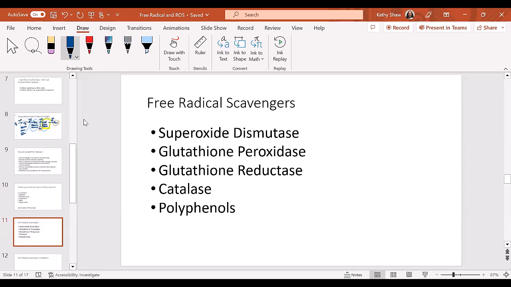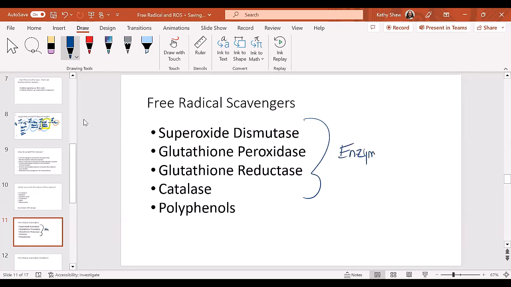Okay, so let's now talk about the scavengers that scrounge up these free radicals and get rid of them. There are some important enzymes and important molecules in this. So this is the list of enzymes, or the first 4 are the enzymes that we're going to talk about.